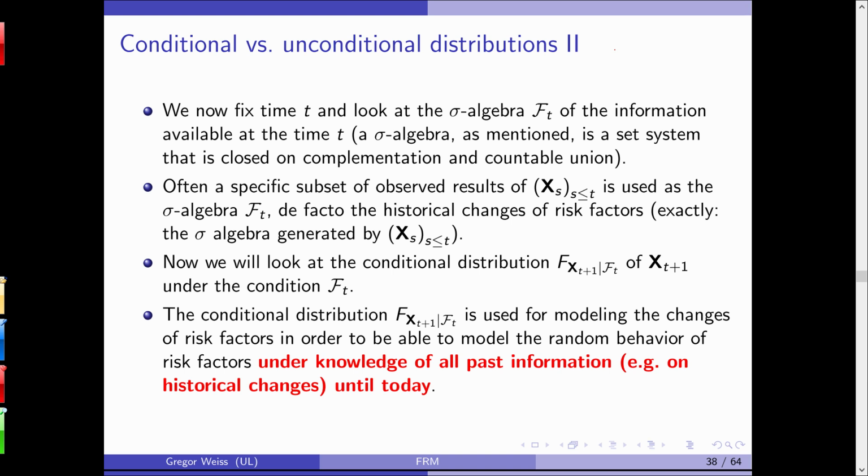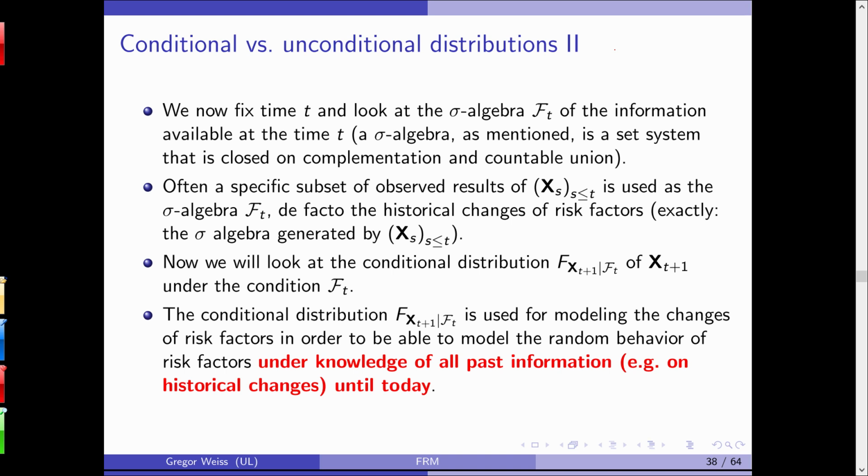Here you can fix the sigma algebra Ft of the information available at time t. In fact, it's a filtration, so the set of information becomes larger and larger as you move along time, and this conditional distribution is used for hopefully a more accurate modeling of a time-varying phenomenon.